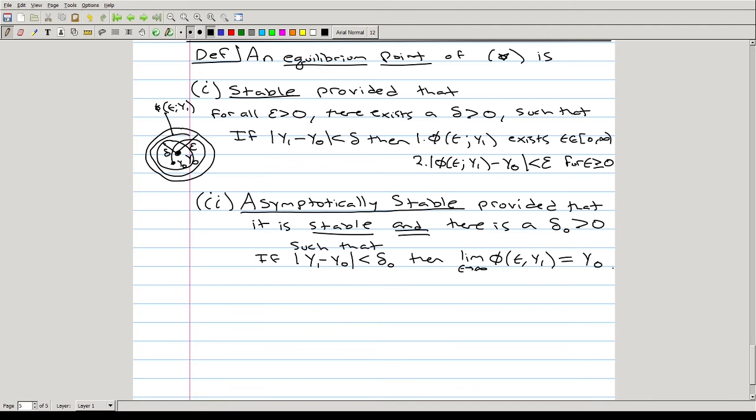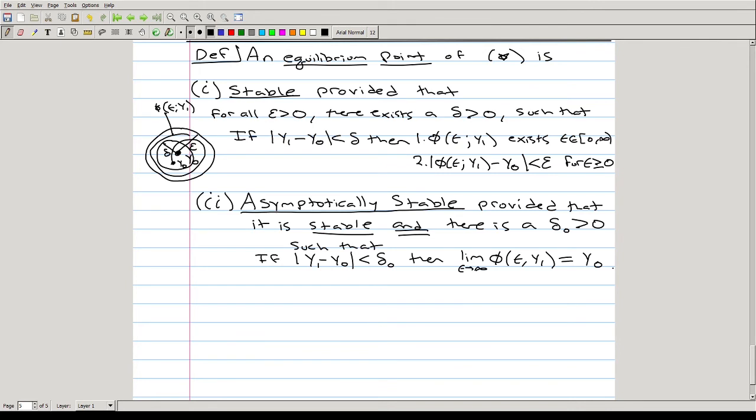And this is a stronger condition than just stability. This is saying that not only is the solution staying close to y0, to a given equilibrium point, but furthermore, in the limit as t goes to infinity, it's asymptotically approaching the value of that equilibrium point. So this is a very, very important distinction.